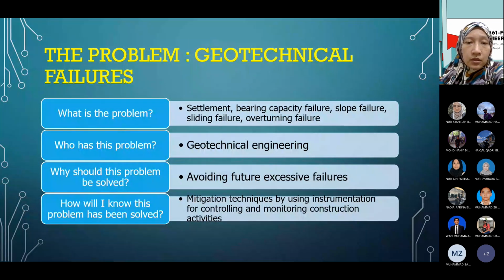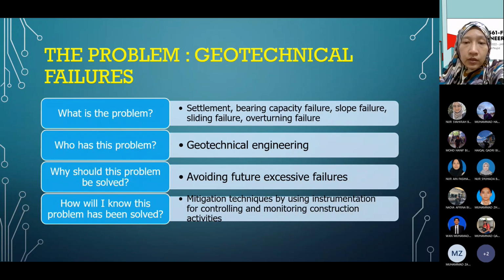So why should this problem be solved? Because we want to prevent or avoid any future excessive failure, which can cause loss of life, and also impact the economy, money losses, and anything regarding public usage, such as road damage, which will affect road passengers or any users of the facility.